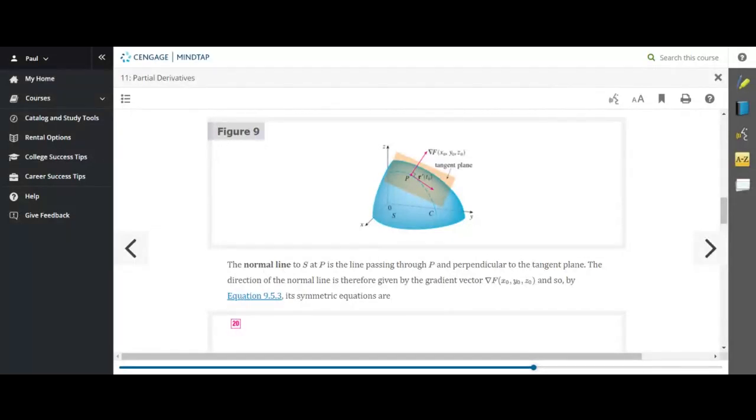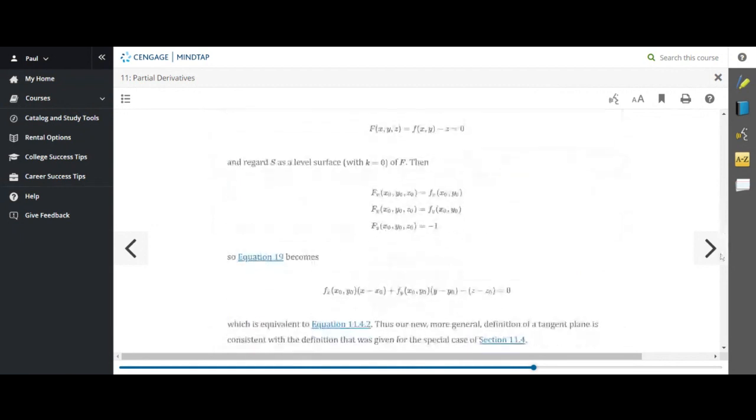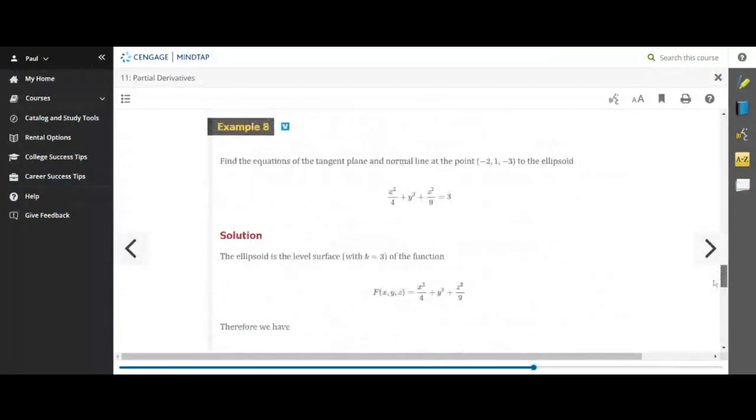Okay, so let's get to an example here. Example 8 says find the equations of a tangent plane and a normal line at the point (-2, 1, -3) to the ellipsoid given below. Ellipsoid looks like a football; you can go to table 2 in section 9.6 and see what an ellipsoid looks like.